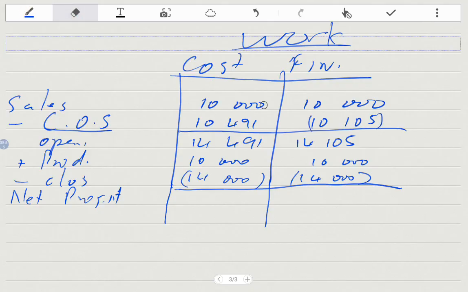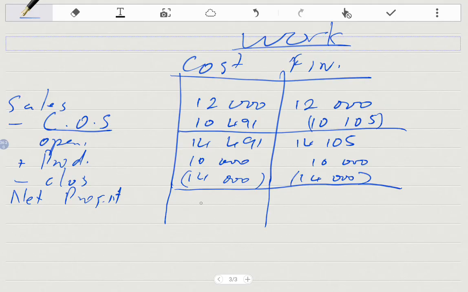Let's do this, guys, because at the end of the day, I need us to have a profit. Let's say our sales are sitting at 12,000. So it's going to be 12,000 minus 10,491.